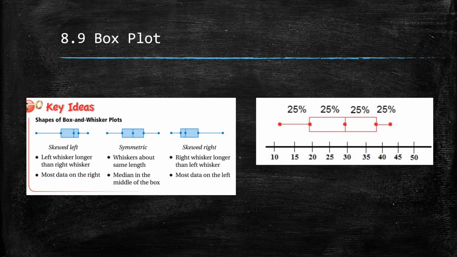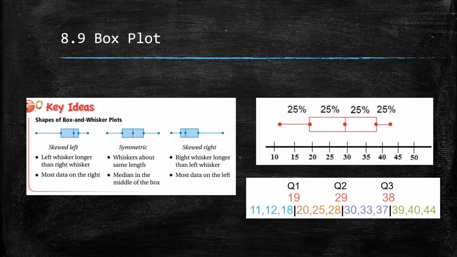One final thought before we end our lesson. First, I attached a picture of the box and whisker plots and what they look like when they are skewed. And then I've attached reminding you that the quartiles are displayed in the box and whisker plot. And when you're looking at the data, when you order it, when you split it up in half, at Q2, that splits it in half.